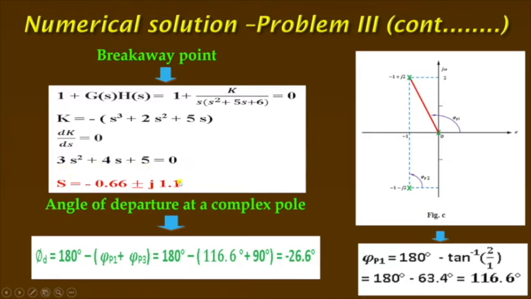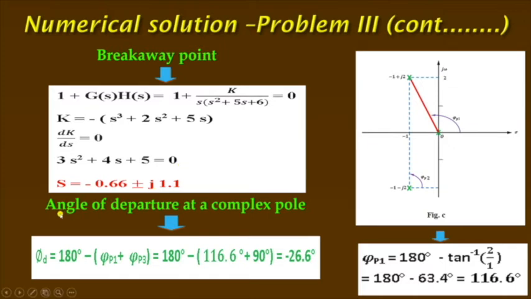Then the roots of this equation are minus 0.66 and plus minus j1.1. But these points are not breakaway points because they do not appear on the root locus. Thus, there are no breakaway points in this system.